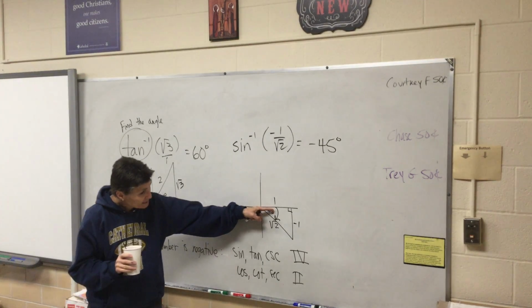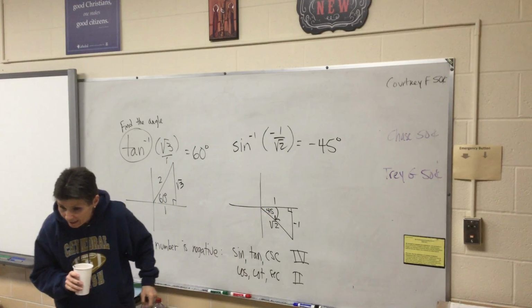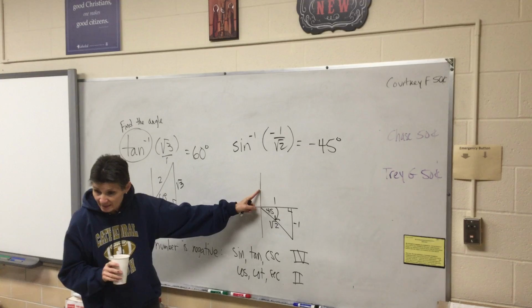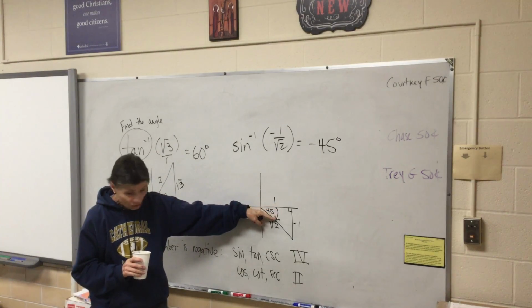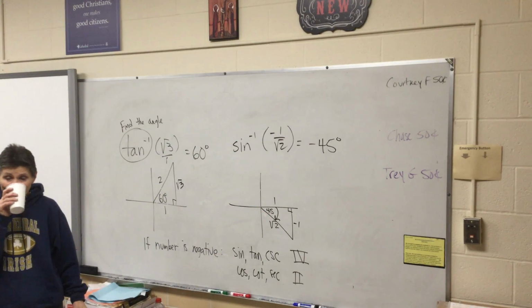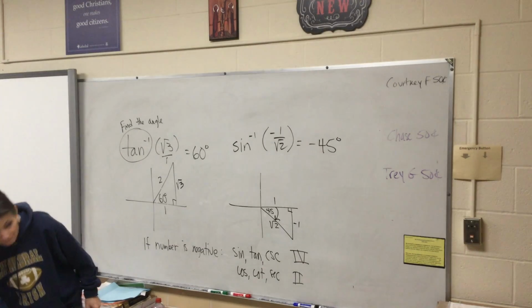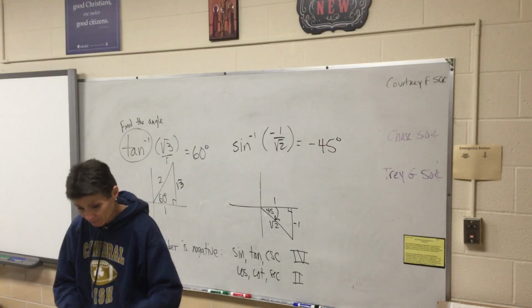No, it's because I'm going down. Remember, when you go down, your angles are negative. When you go up, they're positive, like this one was positive 60. But when you make your angles going down, they're negative. Okay? So the answer is negative 45 degrees.